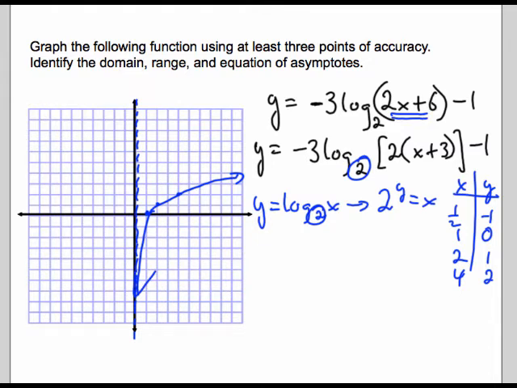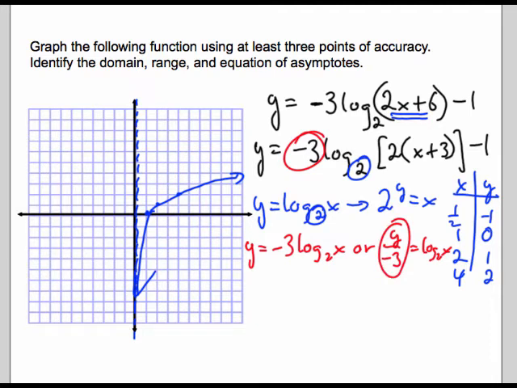So let's start working through our transformation, starting with the multiplying numbers to x and y. I'm going to start with -3 this time. So y equals -3 times log base 2 of x, or if you prefer, y over -3 equals log base 2 of x. If it's with the y, the effect is the opposite of what you expect.